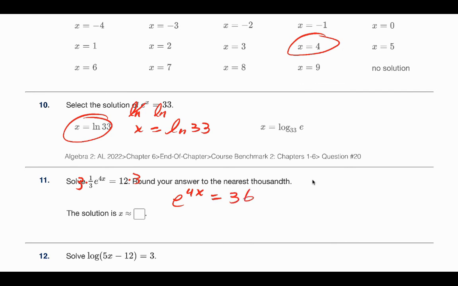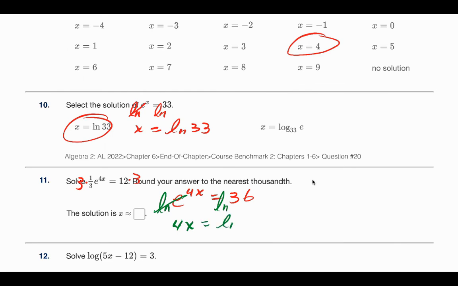So just like I did on problem 10 there, all right, to get rid of that e, I'm going to natural log both sides. All right, so then again, the easiest way is just to think they kind of cancel each other out, which allows whatever was your exponent to come down.